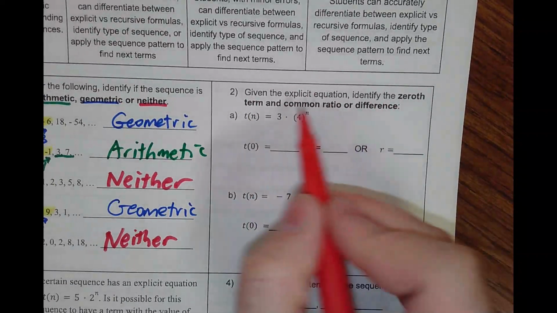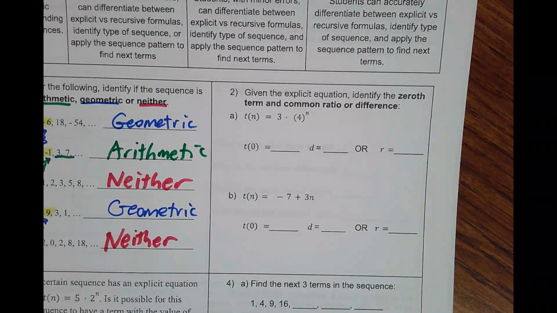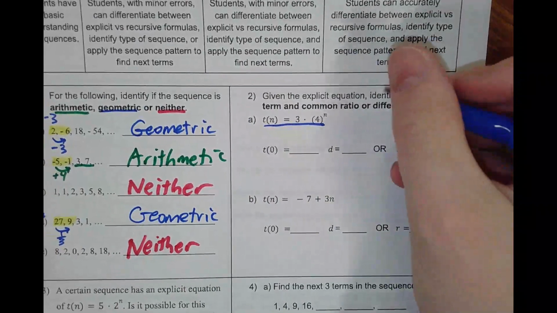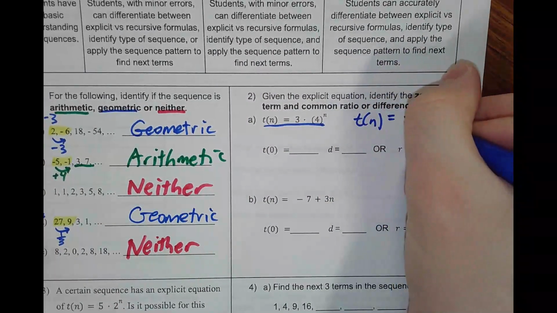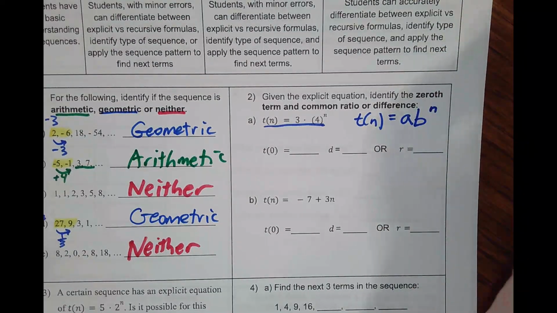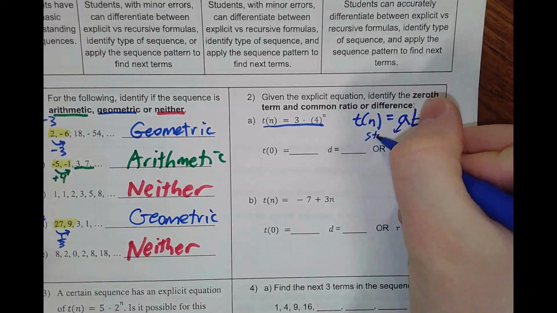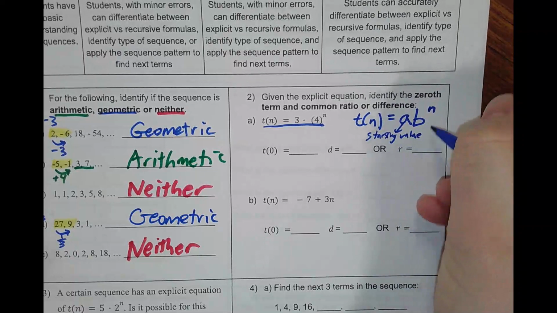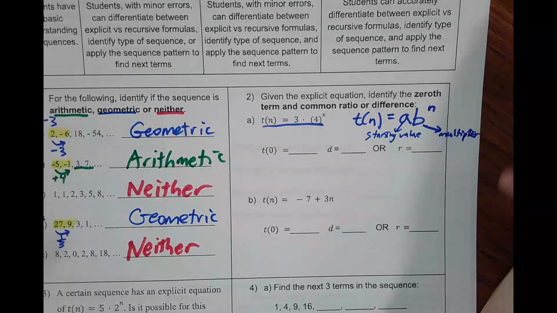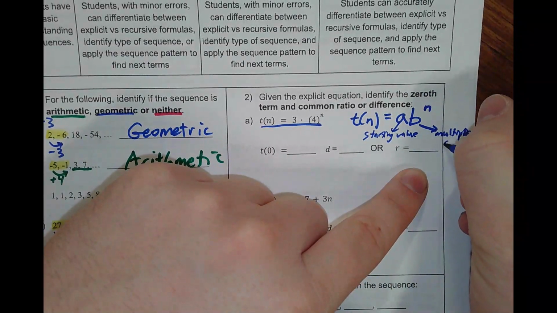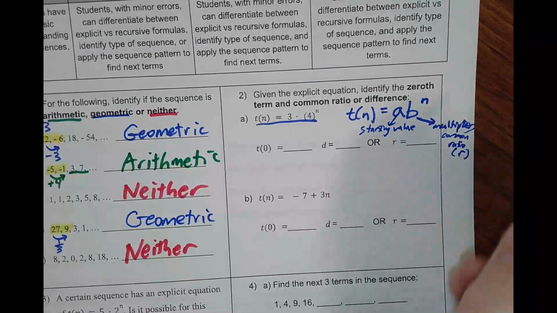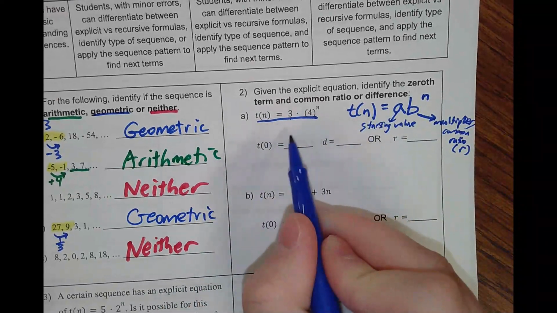Given the equation, identify the zeroth term and common ratio or difference. So this first one, letter A, is going to be a geometric sequence in the form T of n equals A times B to the n, where A is the starting value and B is the multiplier, also known as the common ratio, or R. For this first one, 3 is our starting value, our term 0.